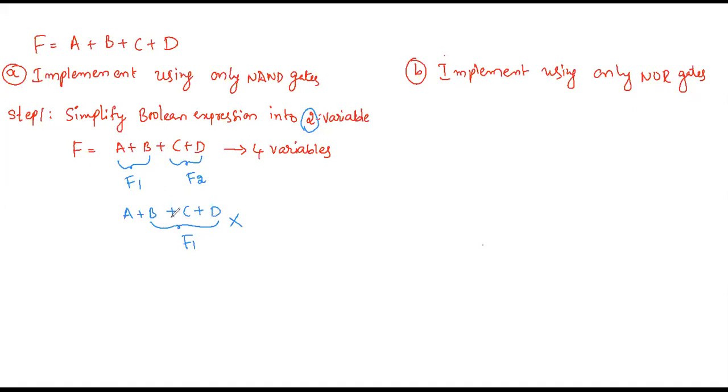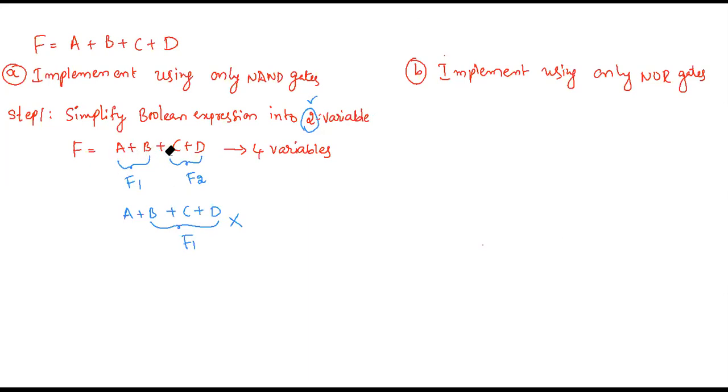You have to group only two variables, because our aim is to implement the given Boolean expression with two input AND gate and two input OR gate. Mostly consider two variables as one group.